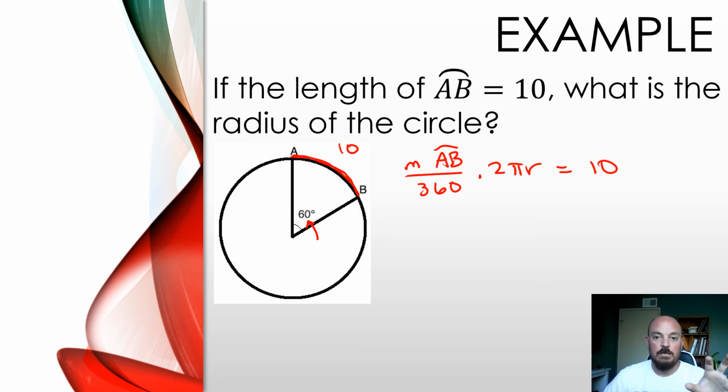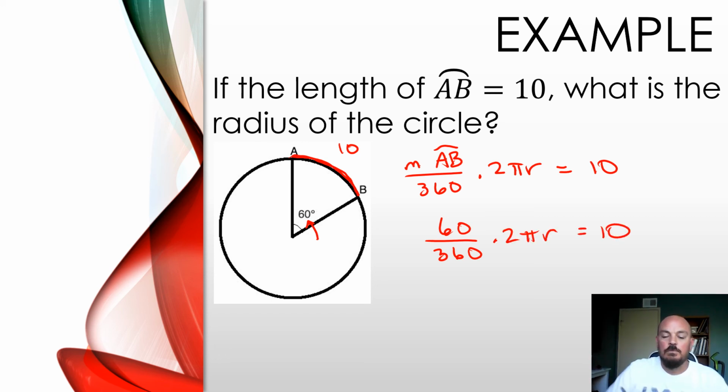I'm going to plug in one number for the angle, and I'm going to solve for r. The measure of angle AB is 60. So now we have 60 over 360 times 2 pi r equals 10. It's not quite as easy. You don't get to just type it into a calculator.